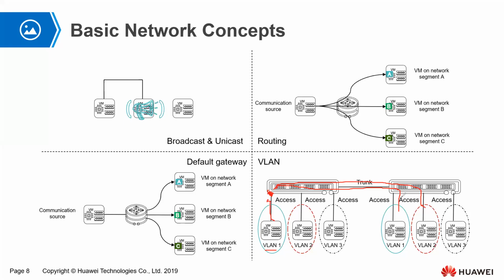If it is the same, it will strip off the PVID tag from the frame, and then send the frame to the host. Remember, we said the hosts only send and receive untagged frames. So before it sends the frame to the host, it will strip off the PVID and then send the frame. And this is the access interface.